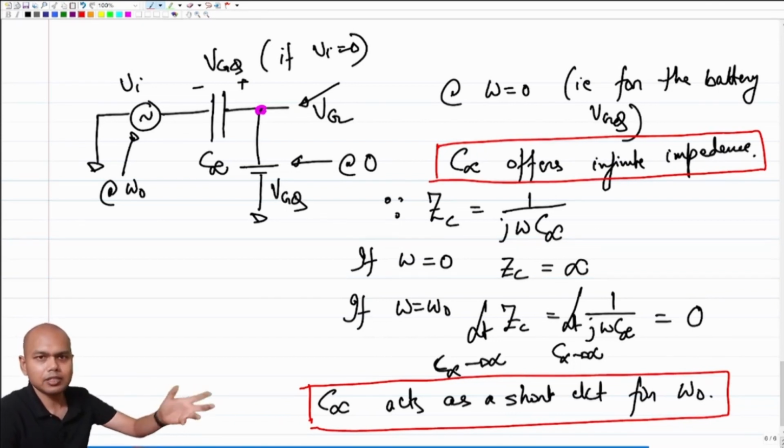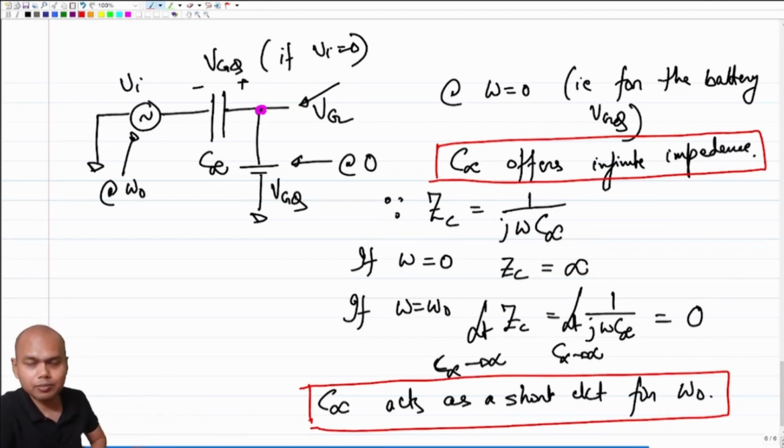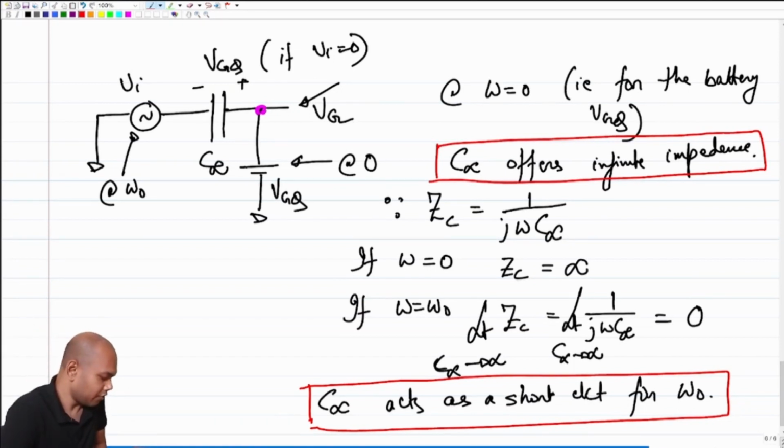However, a capacitor doesn't. So that's the key difference between a battery and a capacitor, right? A capacitor is a frequency selective element, which essentially means that at 0 frequency, it gives you infinite impedance. So now, can we leverage this and see if something can be done?